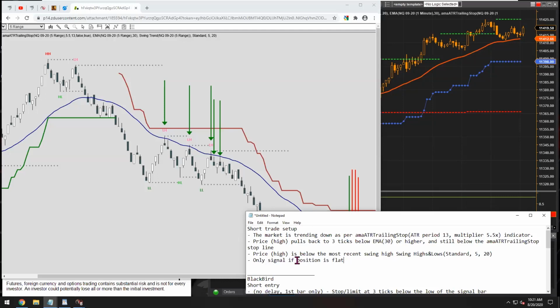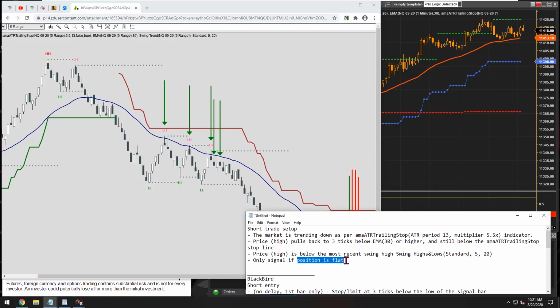The technical issue is that BloodHound is an indicator, and indicators cannot tell if you are flat. So indicators cannot communicate with orders. Only a strategy can communicate with an order, right? So only a strategy knows whether your position is flat or if you're long or if you're short, right?